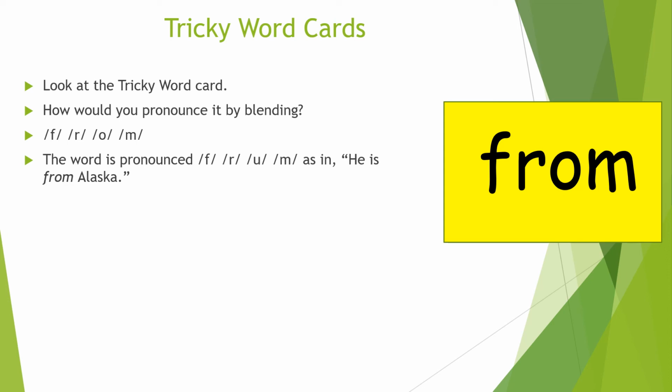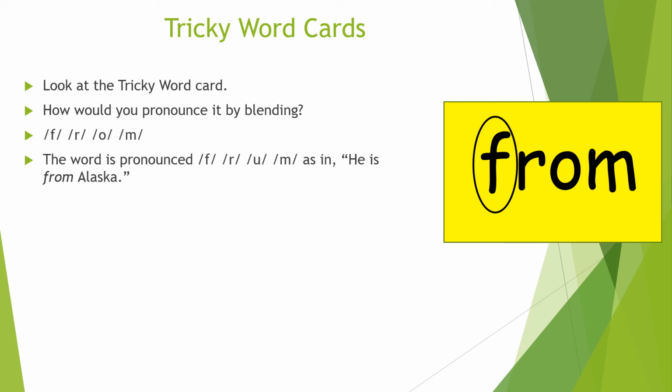F, ah, m. That doesn't sound like it would blend together to make a real word. From? Nope, that doesn't sound like a real word. Actually, guys, this word is pronounced from, as in he is from Alaska.